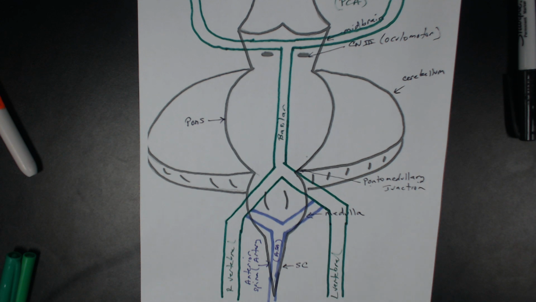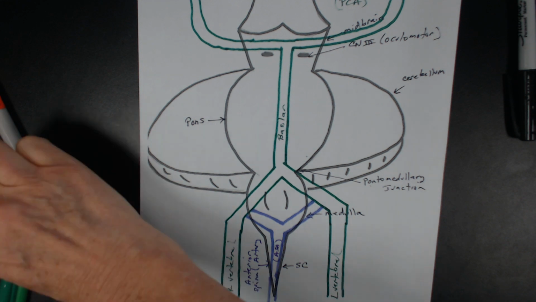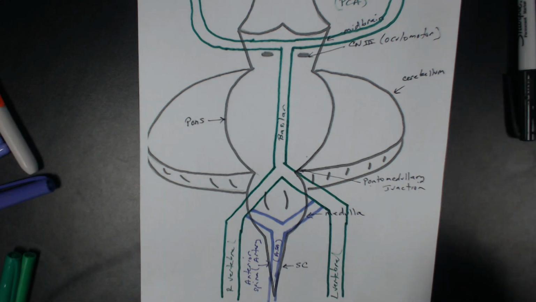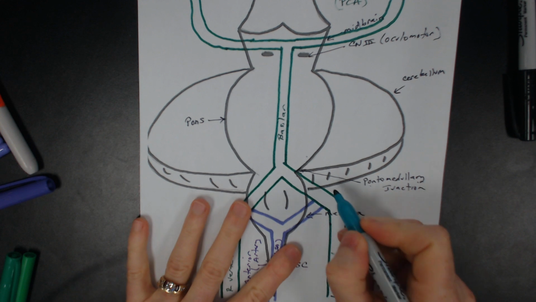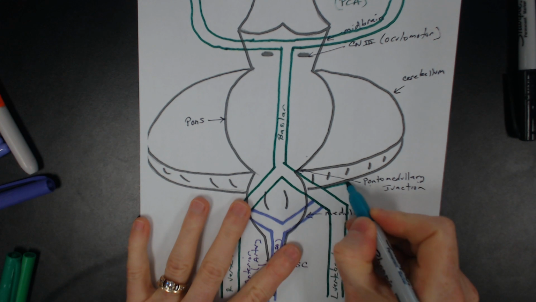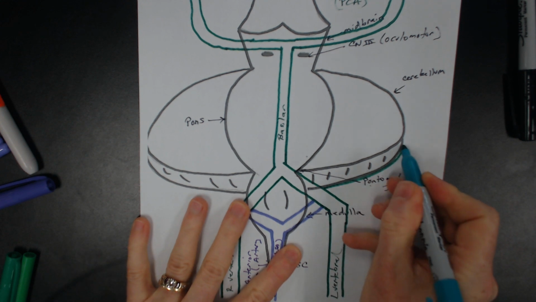Right? Now, there's another couple of arteries. I'm going to keep with the kind of greenish theme. Coming off the vertebral artery, you have one on the right and the left side.